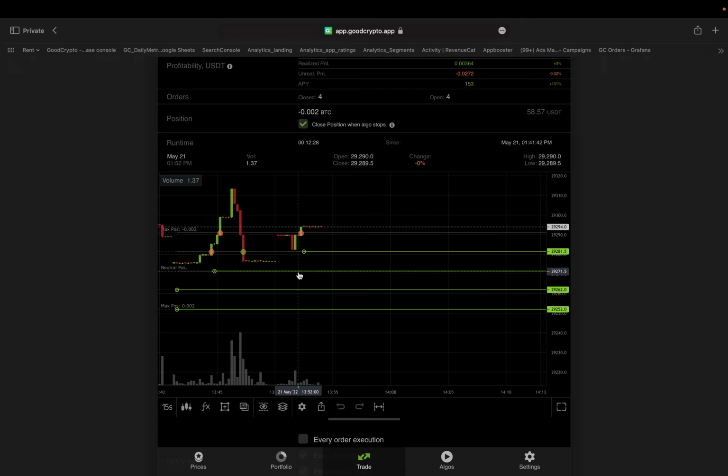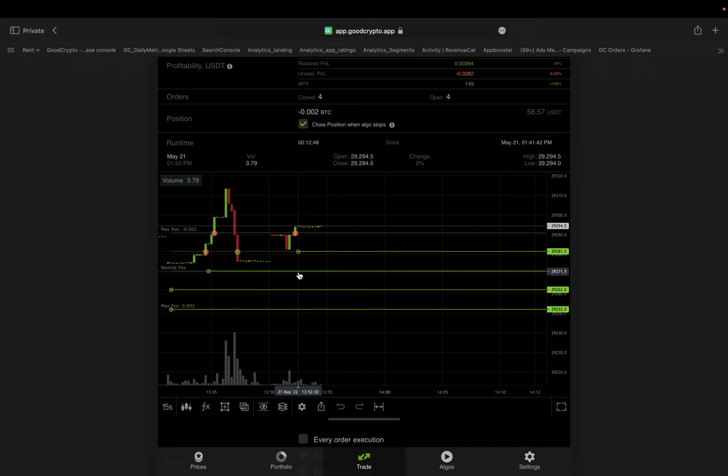So once again, to reiterate, a Grid Algo, a Grid bot, keeps a grid of limit orders of the same size, places sell orders above the market price and buy orders below the market price, and if any of those orders executes, it replaces it with the opposing order one level below or above, depending on whether it is buy or sell.